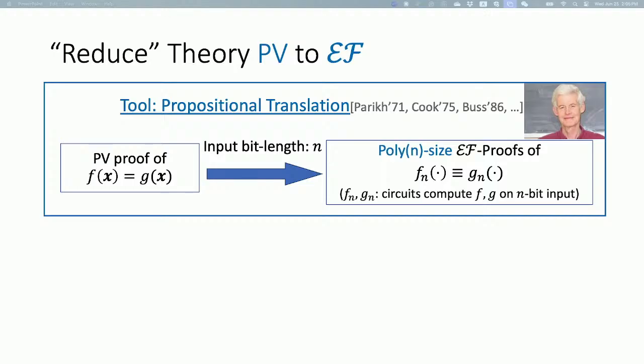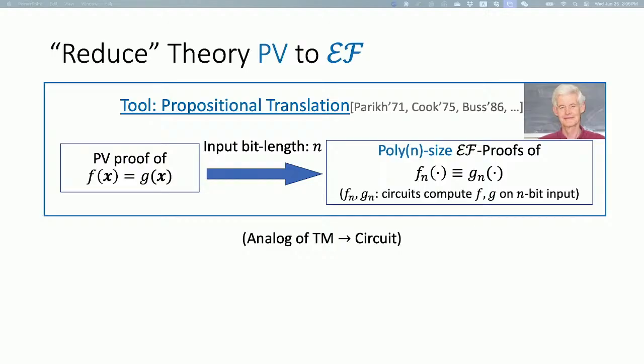Here, Fn and Gn are the circuits that emulate the computation of F and G.